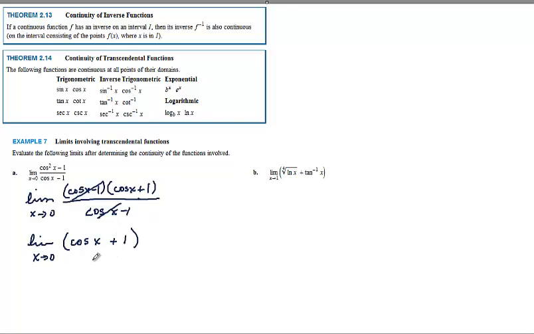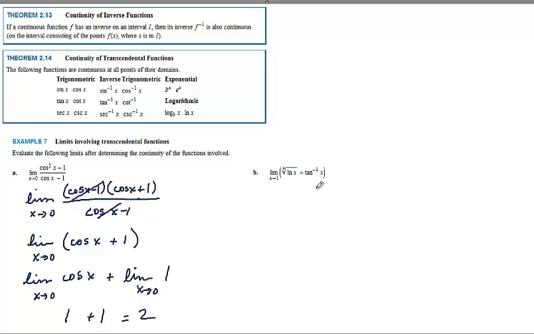I can use my sum laws for limits. Limit as x goes to 0 of cosine x plus the limit as x goes to 0 of the constant function 1. I can do direct substitution at this point because I know the limit of cosine x as x approaches 0. I've looked at that one earlier, so that would be a 1 plus a 1. This equals 2. So the limit of this first function is 2.